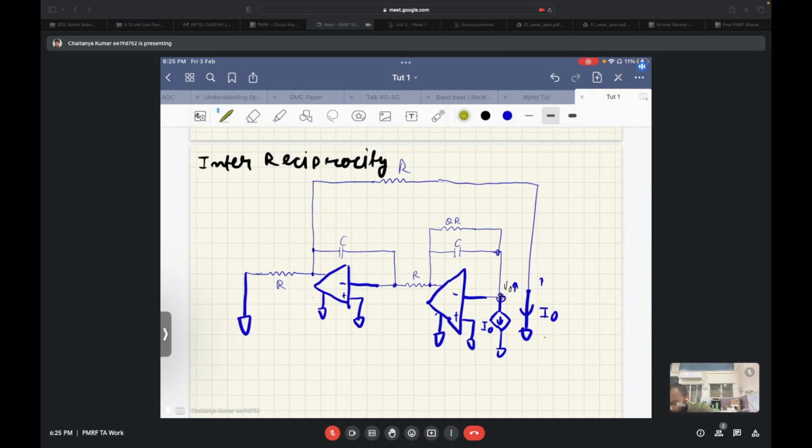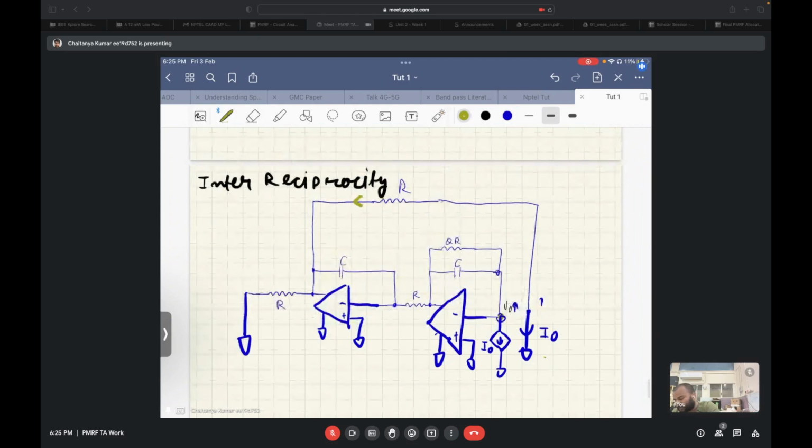And to find the transfer function of noise from all the resistive passive sources, these four resistors over here are the sources of the noise. So to find it, what we need to do is find these currents. Let's call this I1.